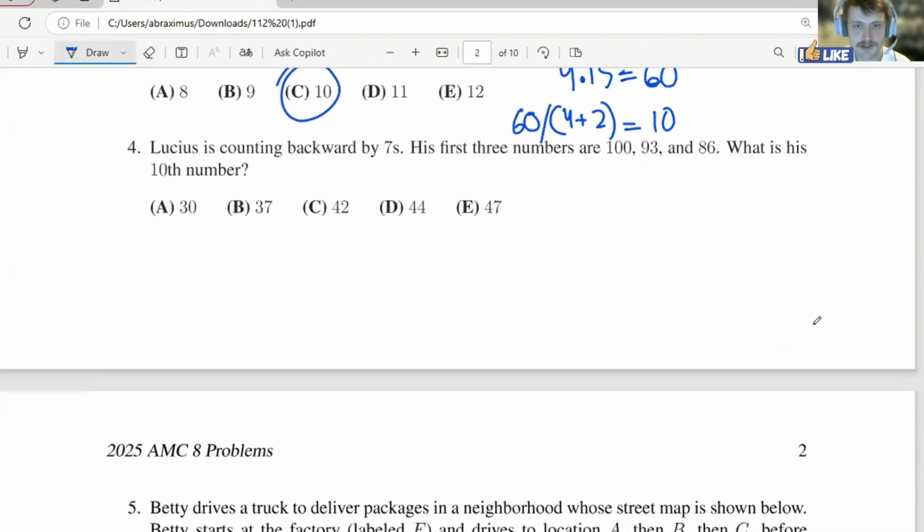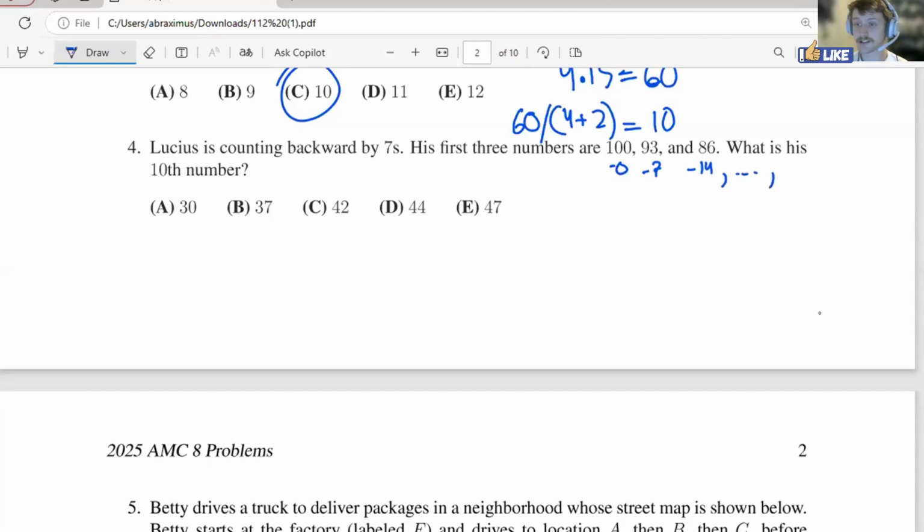Lucas is counting backwards by sevens. His first three numbers are 100, 93, and 86. What is his 10th number? Let's first write down the numbers that he's going to say backwards, at least the first one and the last one, or what he's subtracting by. So first he subtracts 0, then he subtracts 7, then he subtracts 14.